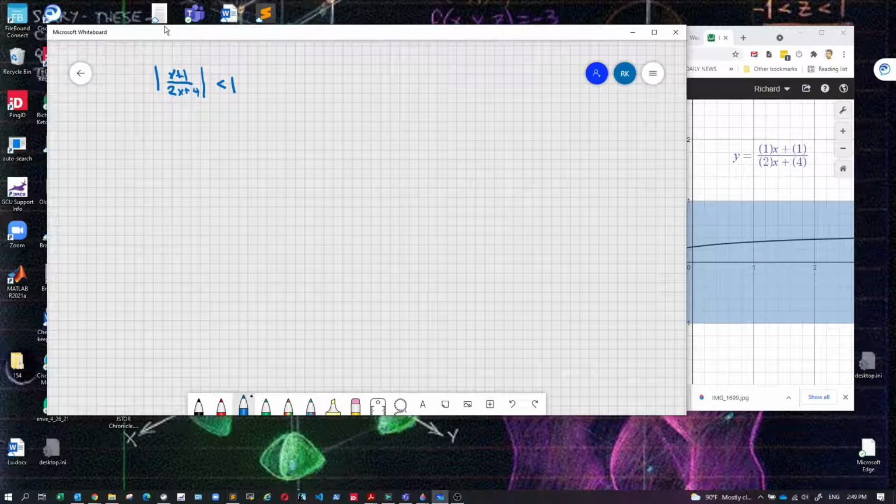Here the point I'm going to work with, and first I'm just going to do what we did before. So this is going to turn into x plus 1 over 2x plus 4 is going to be less than 1 and greater than minus 1. So I'm interested in x satisfying those things there.